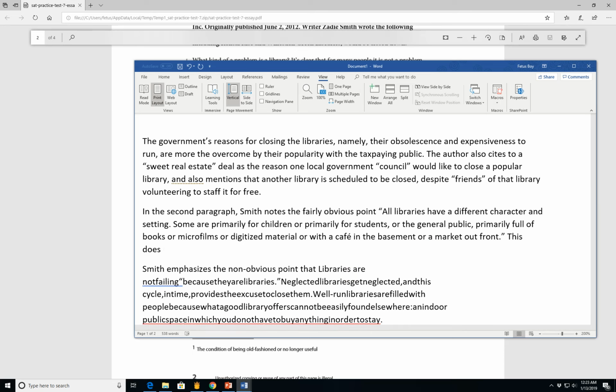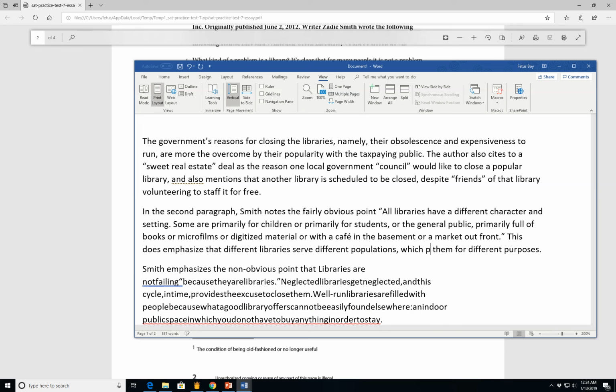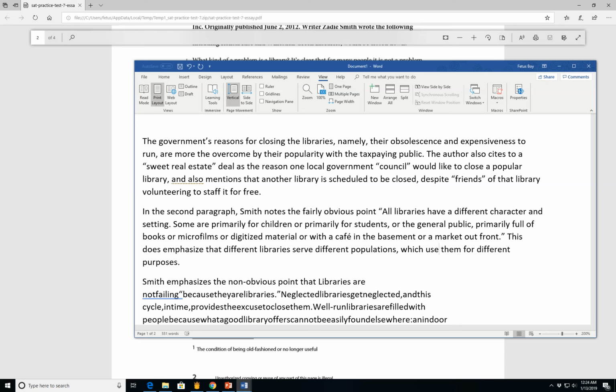This does emphasize that different libraries serve different populations, which patronize them for different purposes. Let's say which use them for different purposes. We'll put utilize.